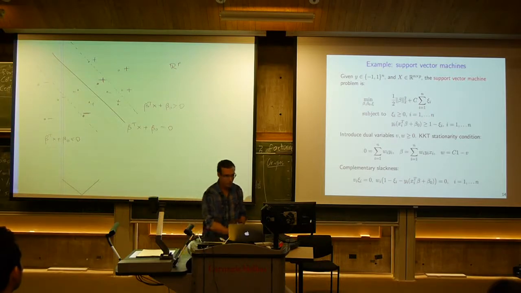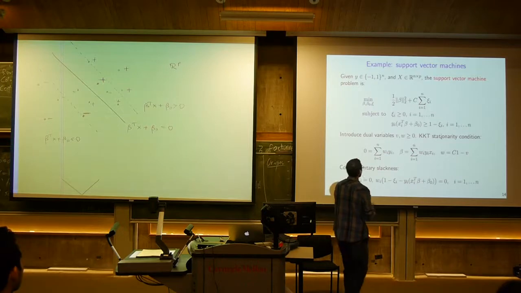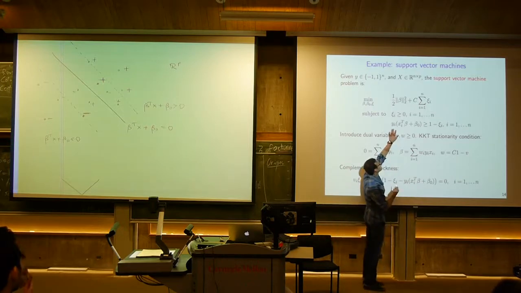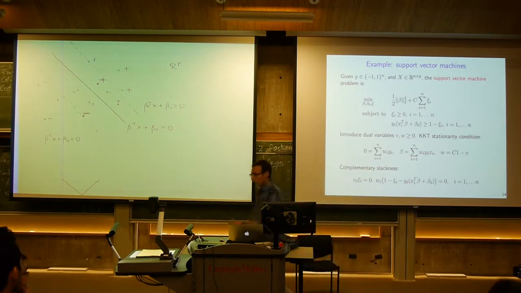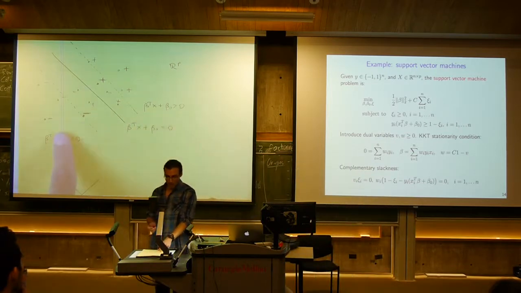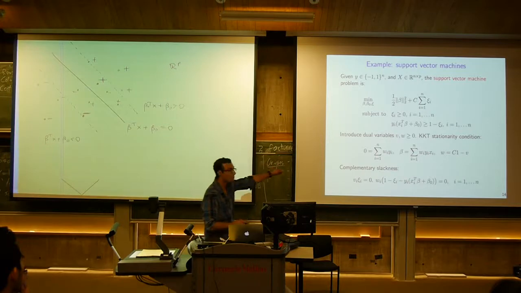Okay, so what happens if we just had the constraint yi times (xi transpose beta plus beta 0) being bigger than or equal to 1, without these slack variables? Well, that would be asserting that every point must be on the right side of the hyperplane. Every positive point must be on the positive side, and every negative point must be on the negative side to make that product positive.